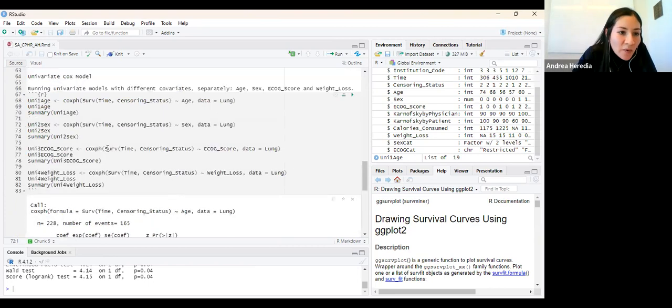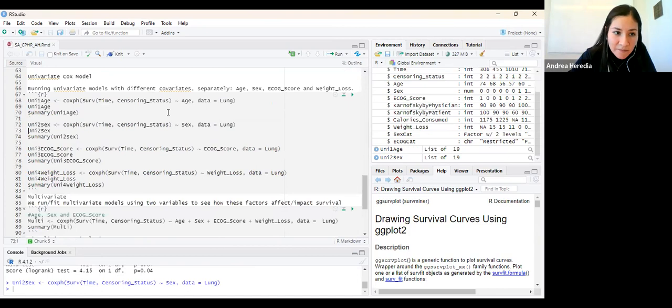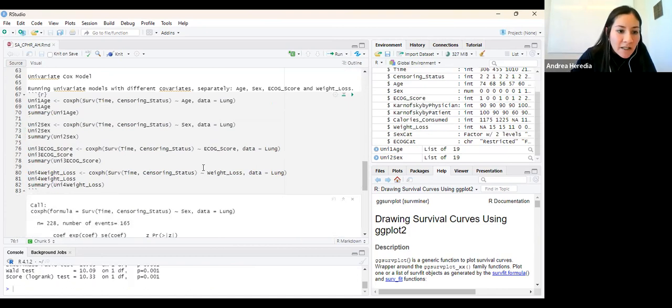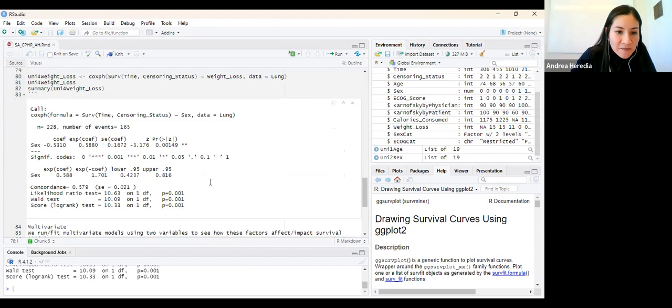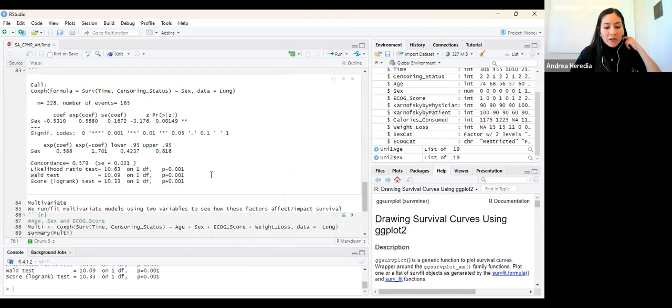Okay, so we are going to run our univariate analysis with sex this time. Again, we got our summary of the results. We're going to be looking at how significant our coefficients are, in this case, sex. It is less than 0.05. So that means that our coefficient is very significant. Once again, just to remind you all, our reference category in this case is male, that is coded as 0. So this coefficient that we're seeing refers to females.